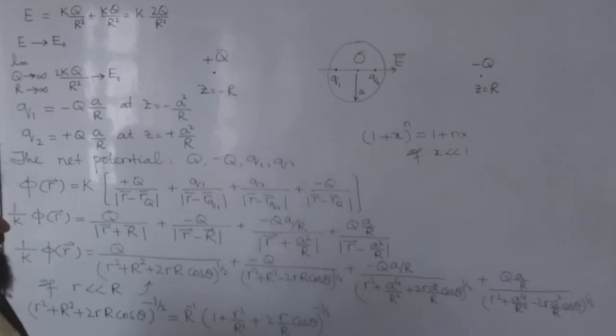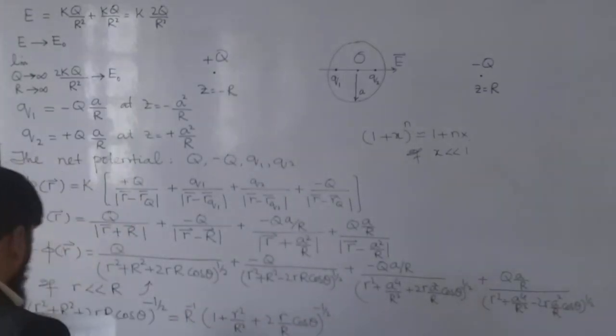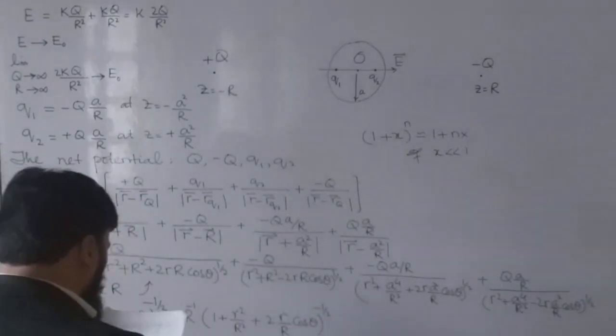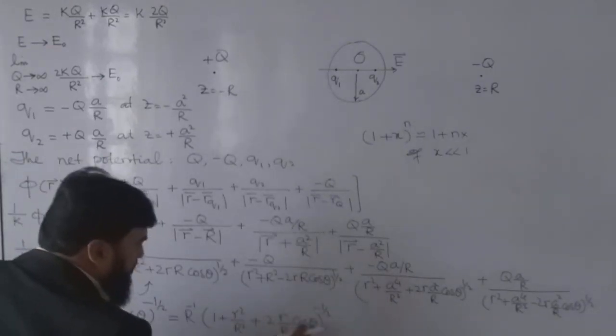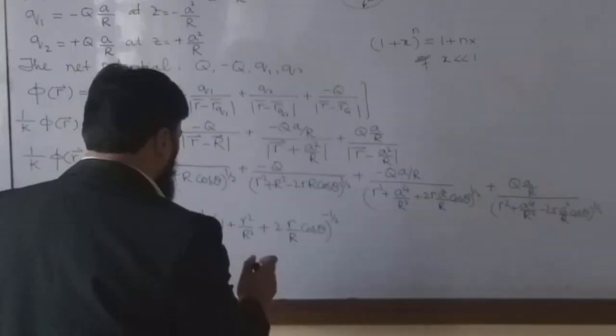So I can apply this relation, and now only minus 1 over 2 will be multiplied with this.